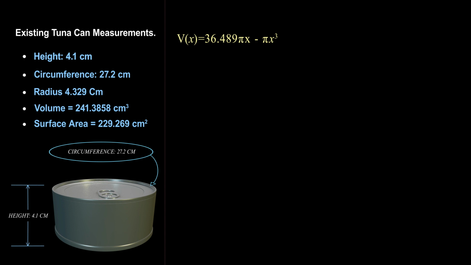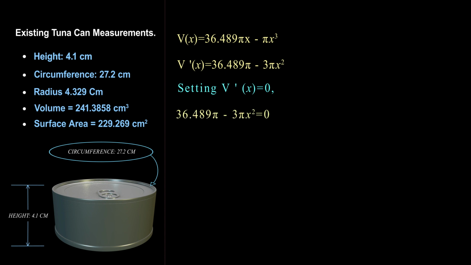We'll start by taking the derivative of our volume equation with respect to x. The derivative of v is v prime equals 36.489 pi minus 3 pi x squared. Setting v prime equal to 0 and solving for x, we get 36.489 pi minus 3 pi x squared is equal to 0.